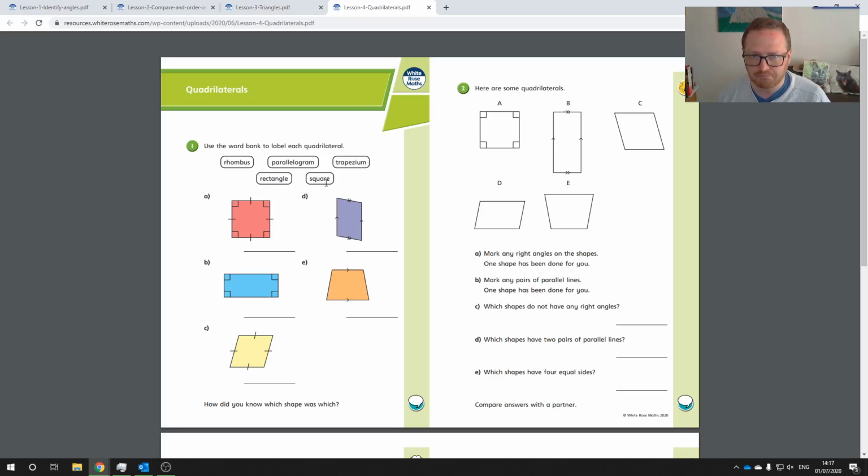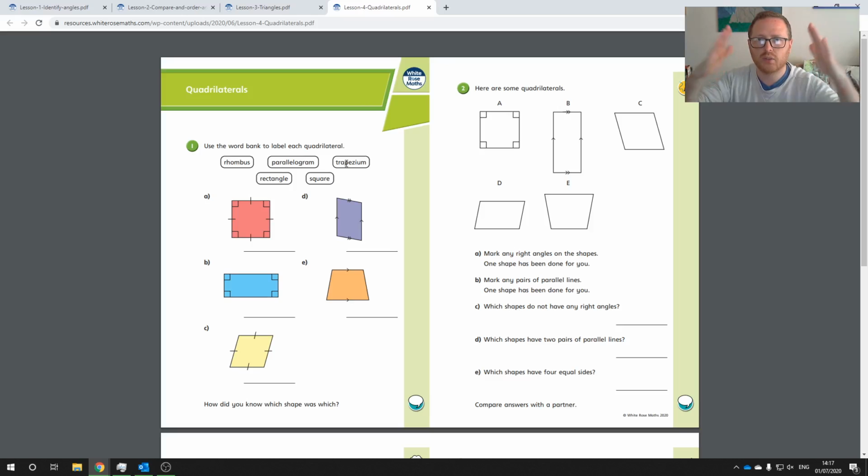But basically, a square has all sides the same length, all angles the same. A rectangle has 2 pairs of equal length sides, so you might have 2 long sides and 2 short sides, but again, they're all right angles inside there. A trapezium is kind of like a wedge almost.